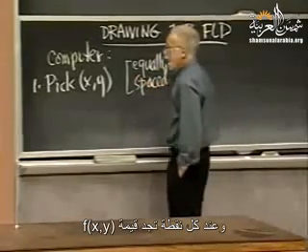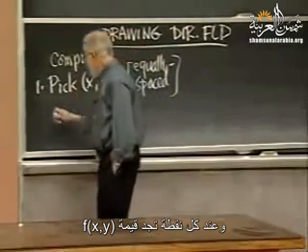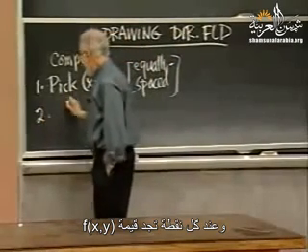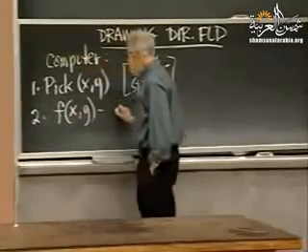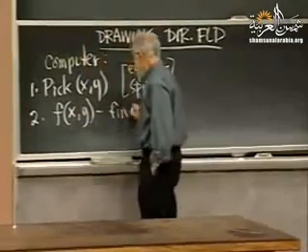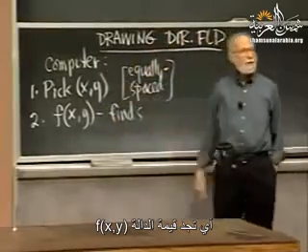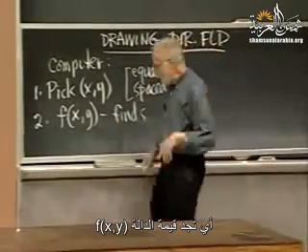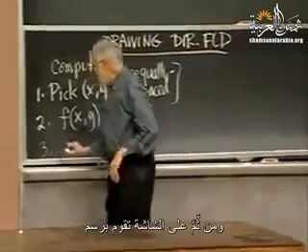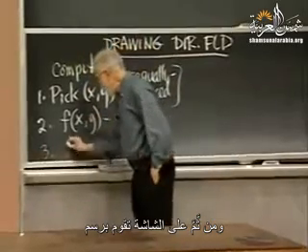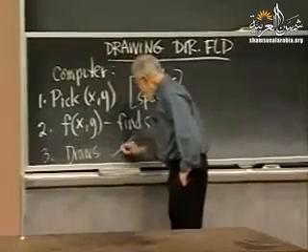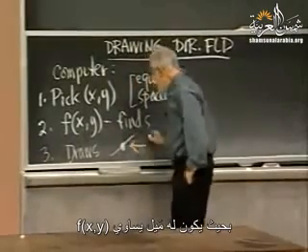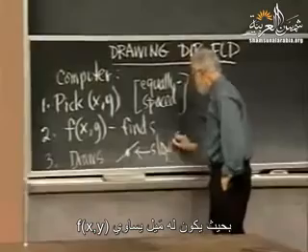And at each point, it computes f of x, y at the point. It computes the value of that function. And the next thing is, on the screen, it draws at (x, y) the little line element having slope f of x, y.